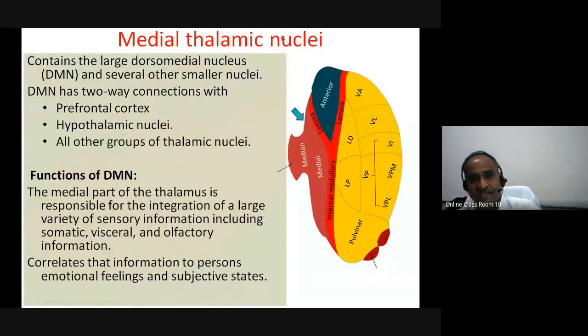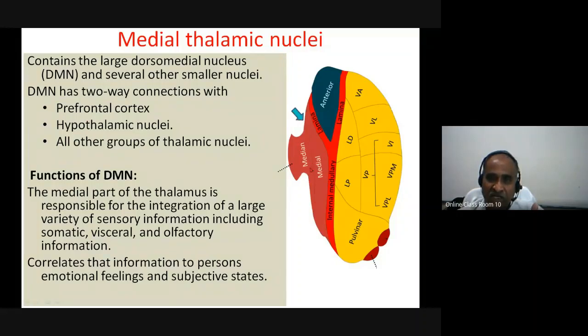So looking at these things, now we look into the medial thalamic nuclei. These are also known as the dorsomedian nucleus, or dorsomedial and ventromedial parts. The dorsomedial nucleus has 2-way connections with the prefrontal cortex.